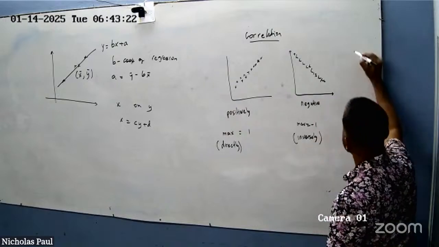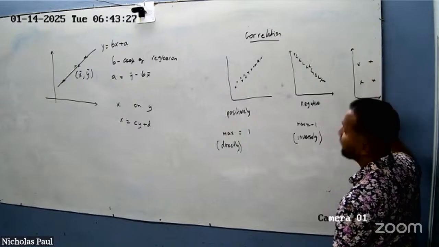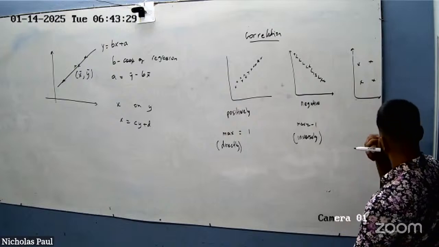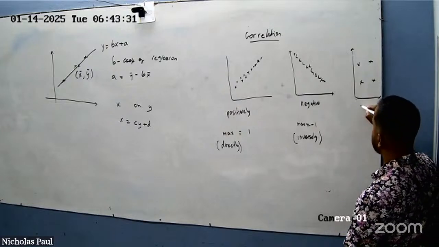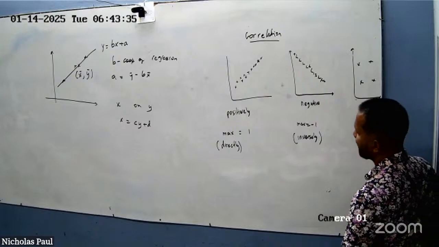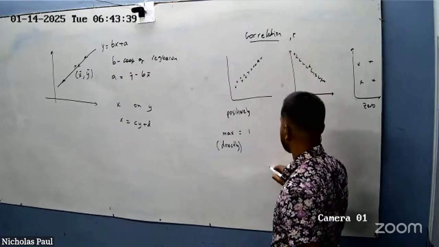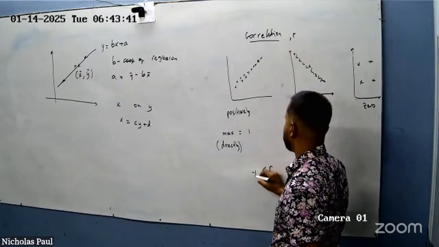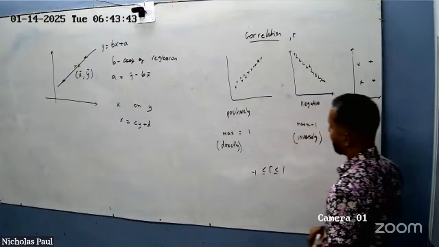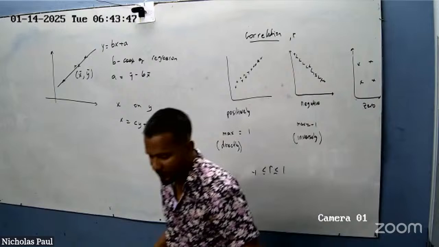And then, of course, we have no correlation if our values look like this. Technically, the symbol that we use for our correlation value is R. Our R value lies between -1 and 1.